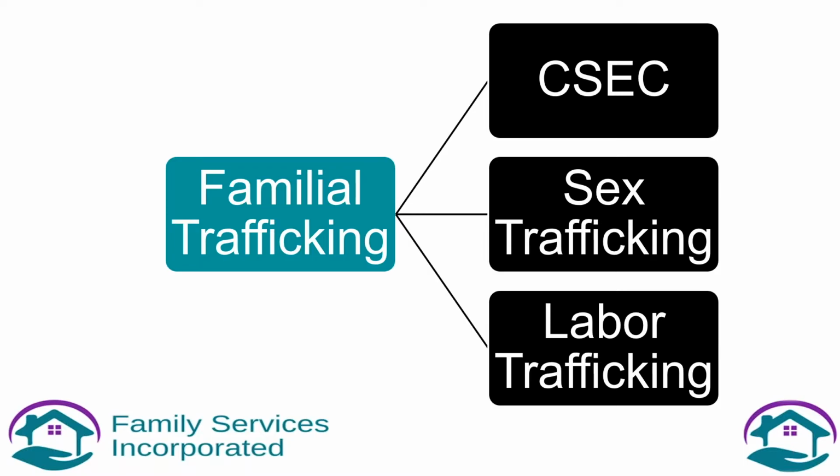If so, then it's labor trafficking. One of the things to remember with labor trafficking as well is it is notoriously hard to identify and to prosecute unless we're talking about an extreme circumstance. Oftentimes, it is very hard to prosecute labor trafficking unless it is these large scale or very extreme cases.